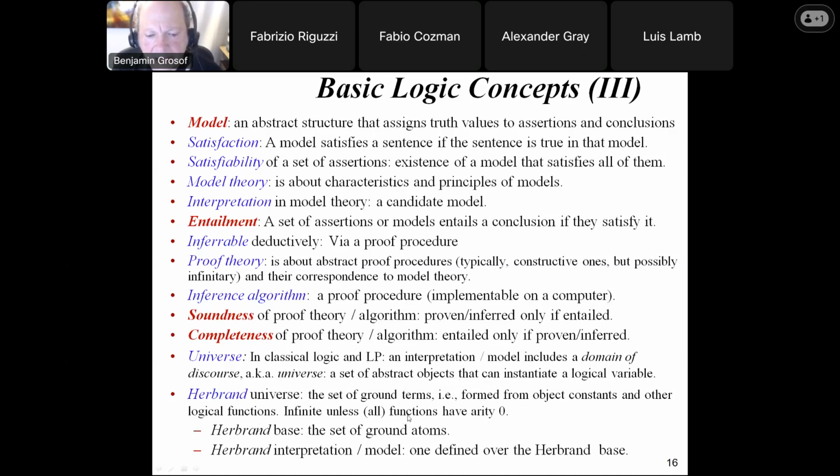It's infinite unless functions all have arity 0. The Herbrand base is the set of ground atoms, and the Herbrand interpretation or model is one defined over the Herbrand base. And that's a crucial notion in the definition and also for some of the advantages of LP and its extensions relative to classical logic.